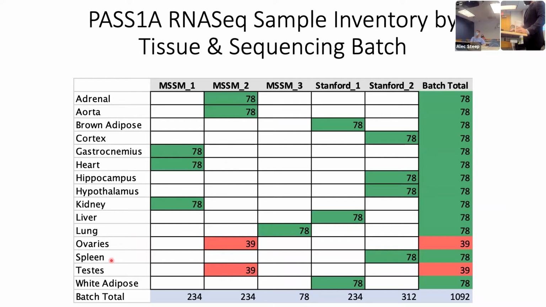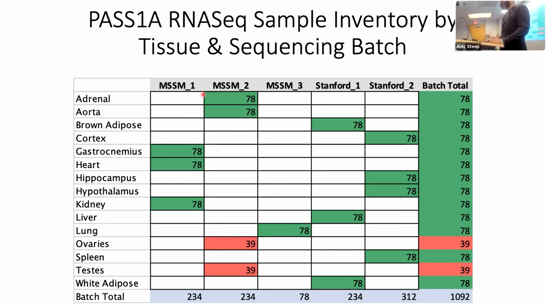So let's jump into the data inventory real quick. Here are those 15 tissues lined up by their sequencing batches. You can see there are 5 sequencing batches from 2 locations. MSSM stands for Mount Sinai. So there are 3 sequencing batches out of Mount Sinai, and then there were 2 out of Stanford.